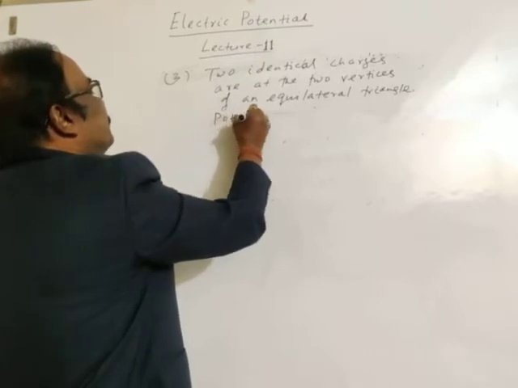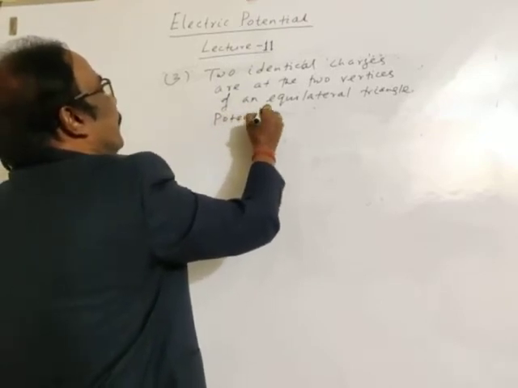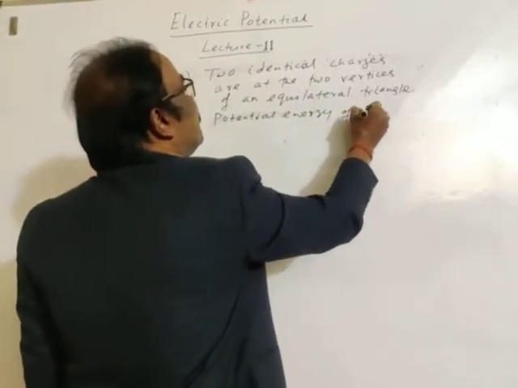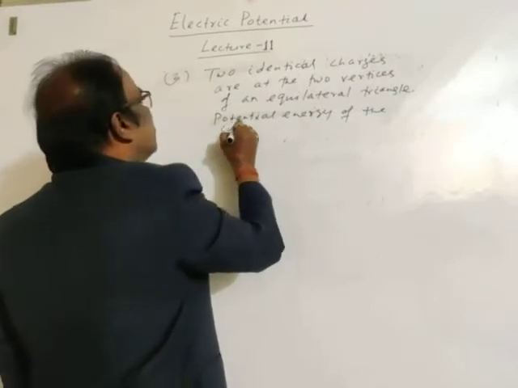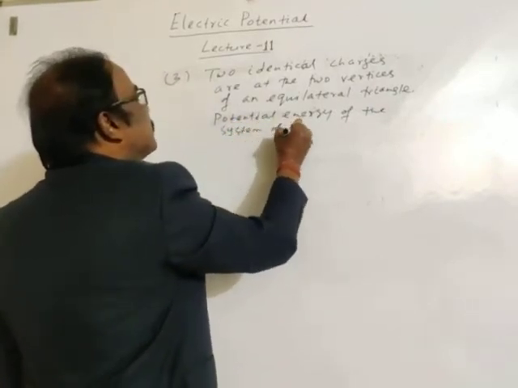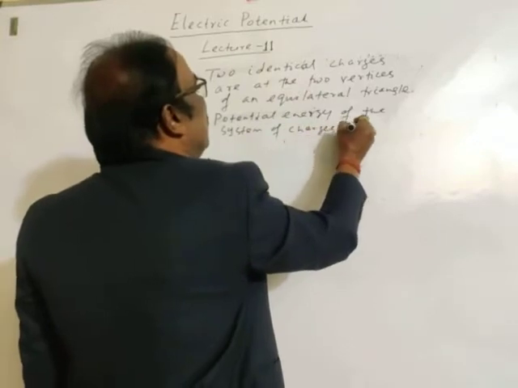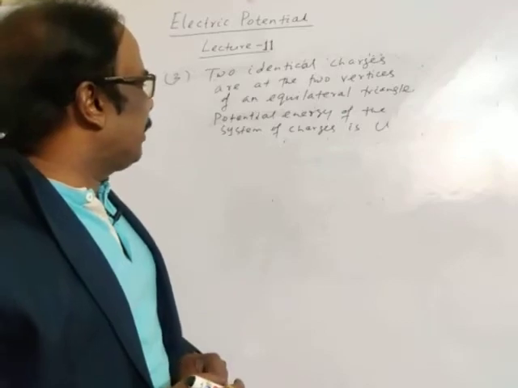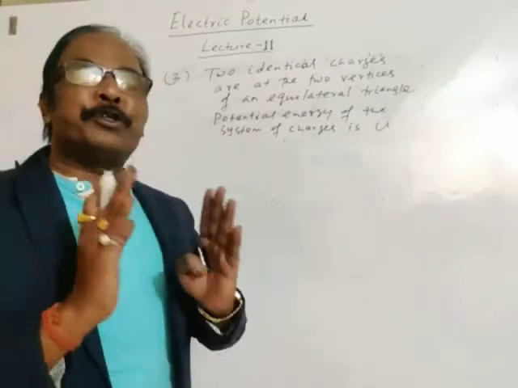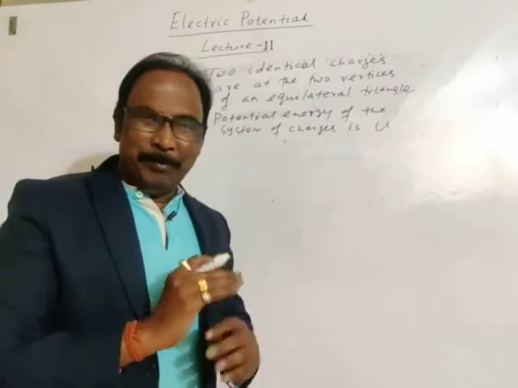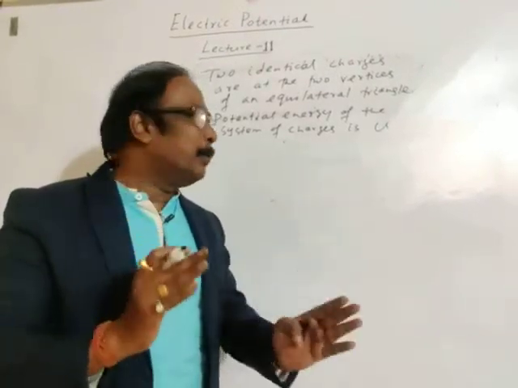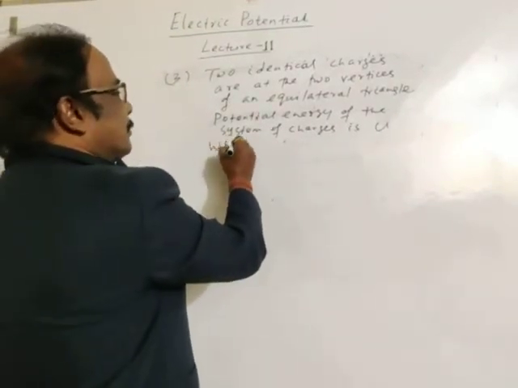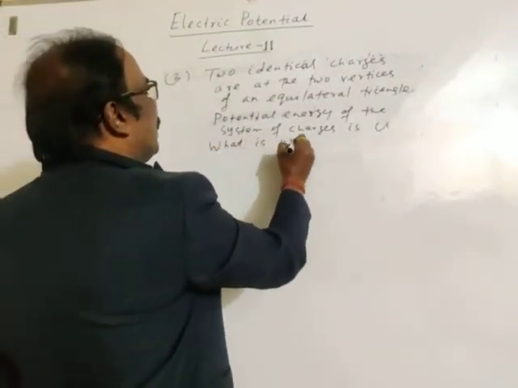The potential energy of the system of charges is U. Two charges at two vertices of an equilateral triangle, and the potential energy of the system of two charges is given as U.